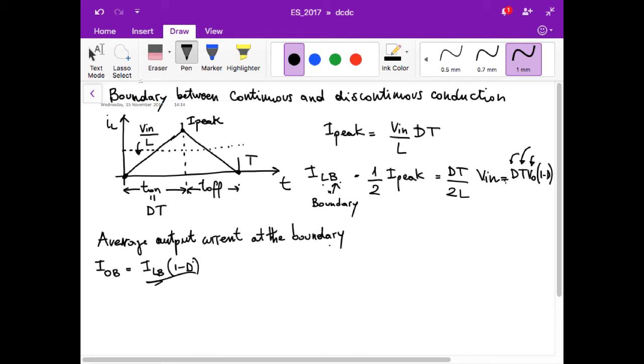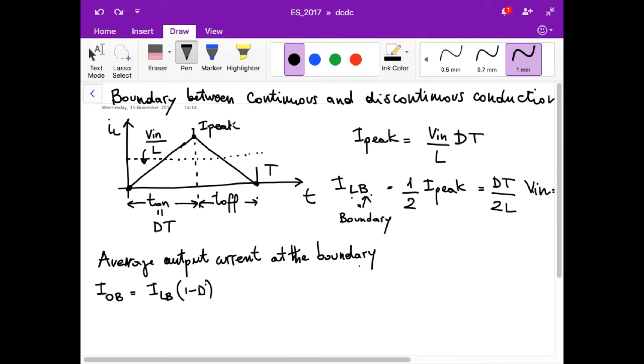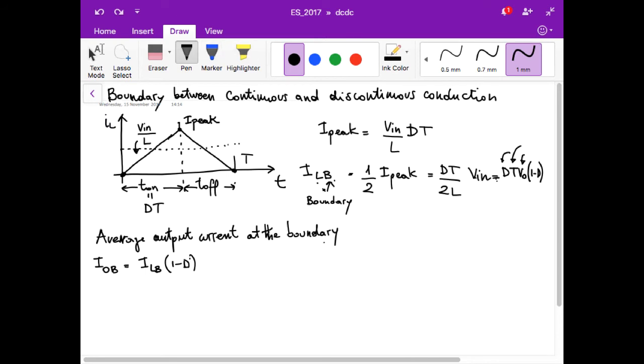Okay, this is a critical point to understand. Let me repeat it: the current in the inductor goes to the output only during T off.